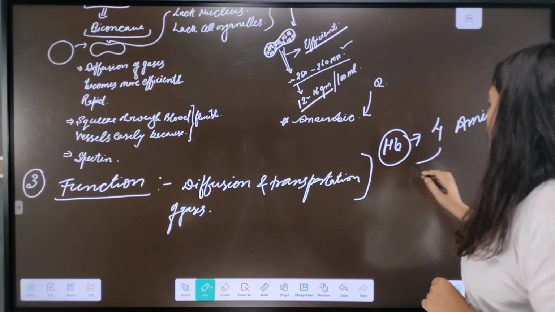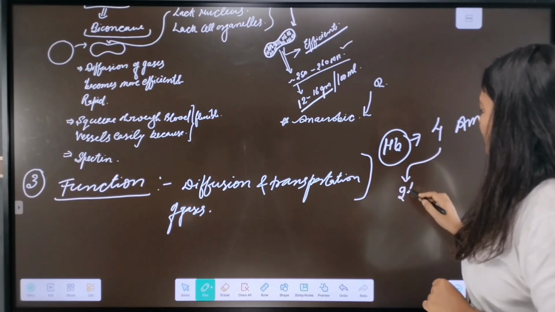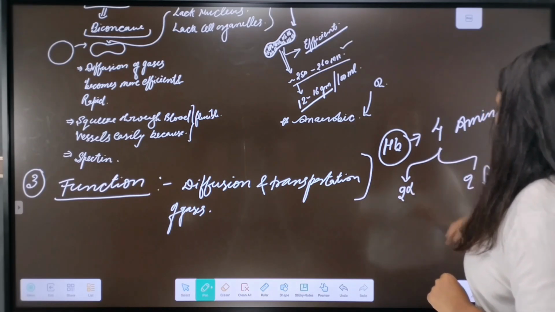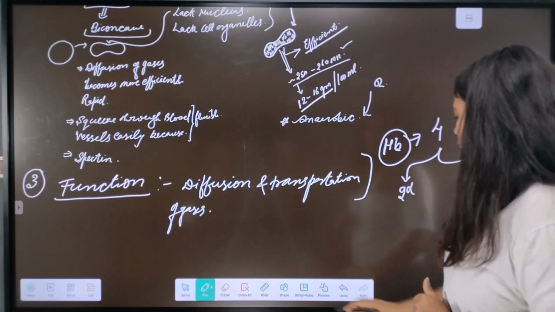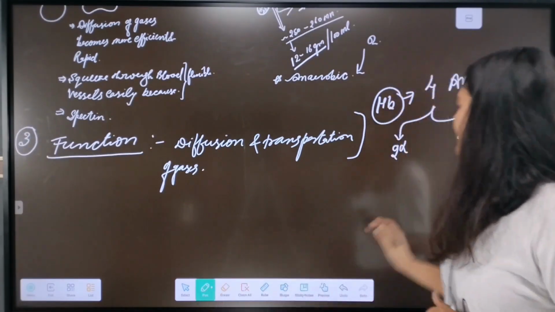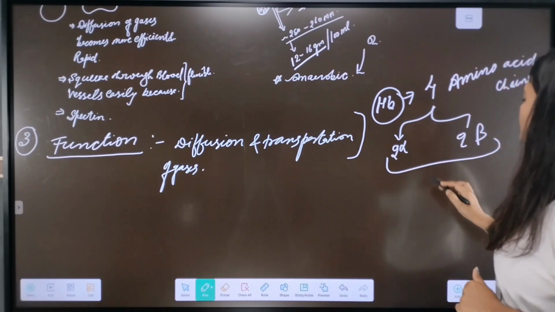Out of which 2 are alpha chains and 2 are beta chains, and each chain, either alpha or beta, has a heme group.